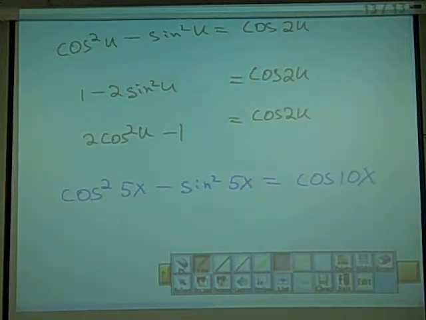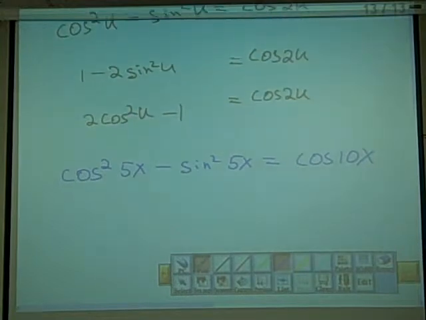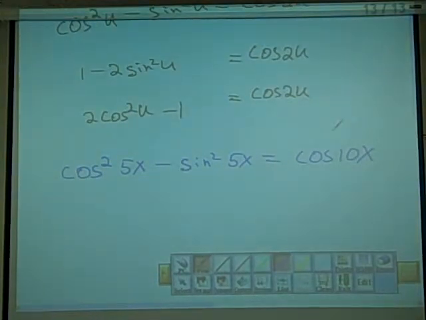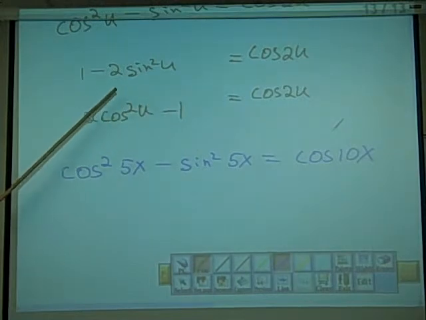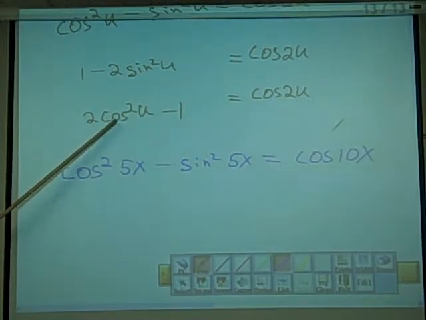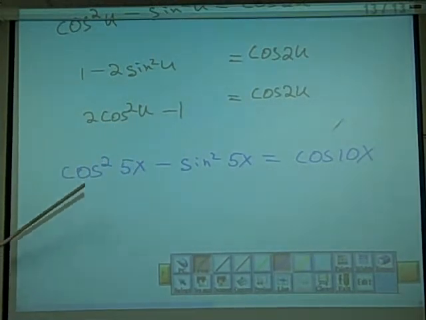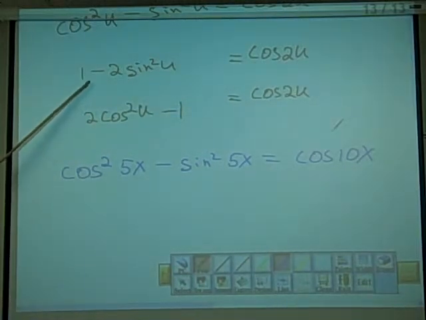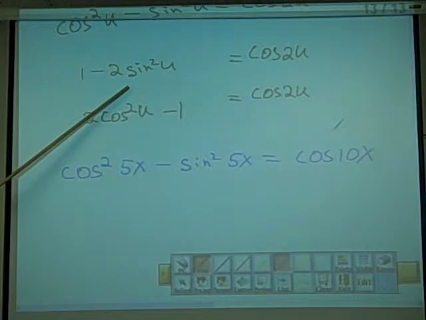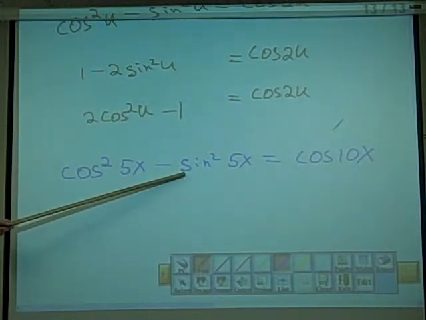So what we need to do here is take one of each of these cosine 2u's, one that has sine squared in it and one that has cosine squared in it. We're going to solve for sine squared and substitute it in for that sine squared.